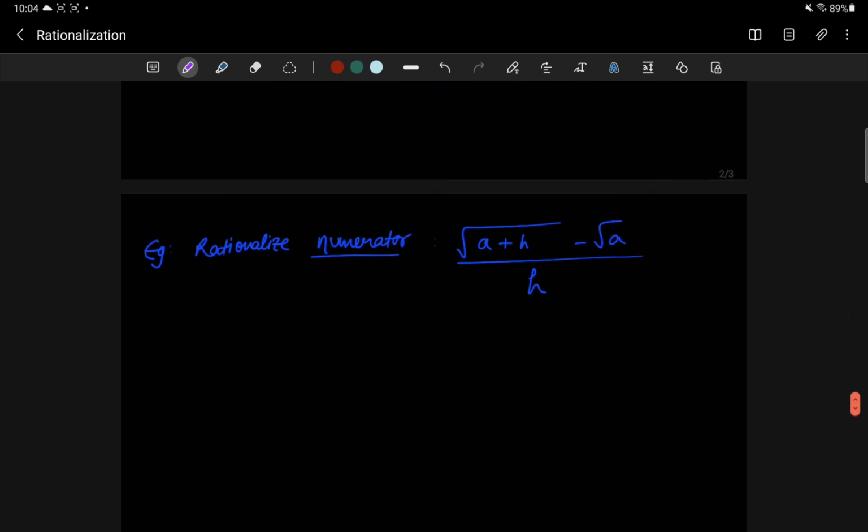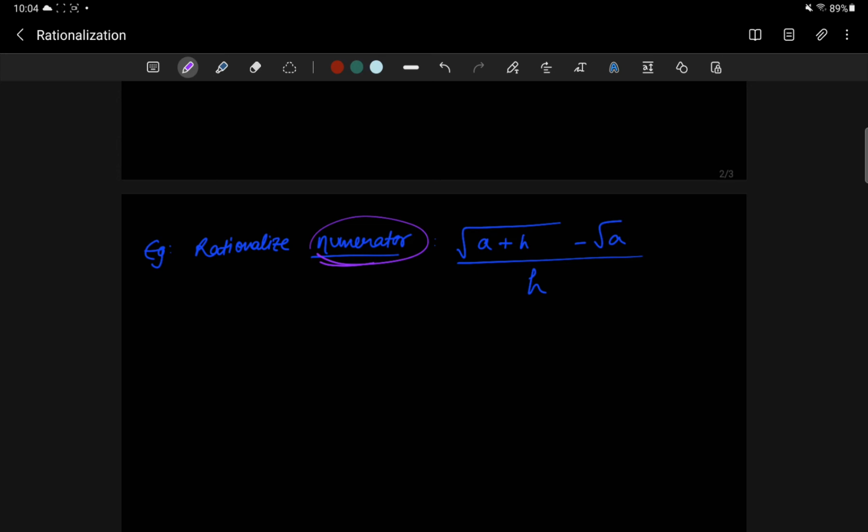Okay. Now we are going to rationalize the numerator. Like I said before, we can only do one of them at a time. So it depends on the requirement. Sometimes we want the denominator to be a rational number, and sometimes we may want the numerator to be a rational number. However, the process doesn't change.